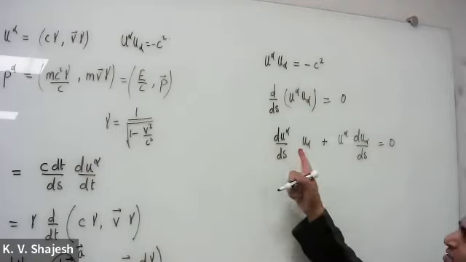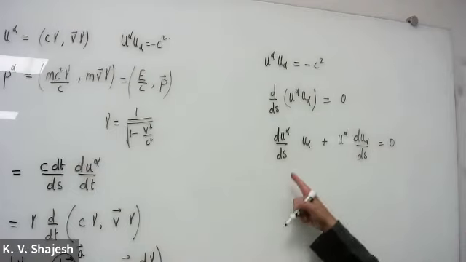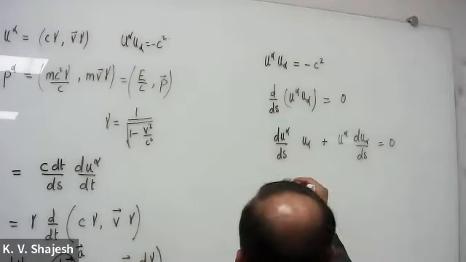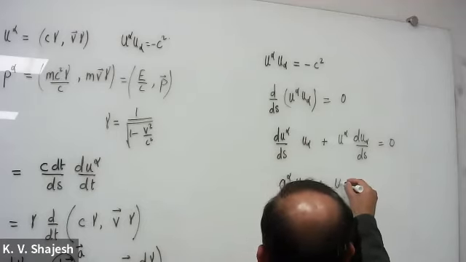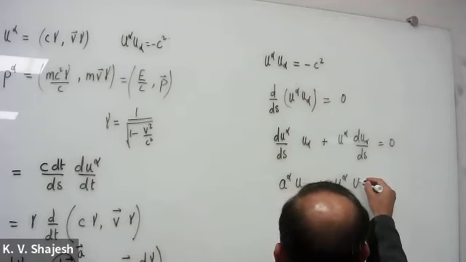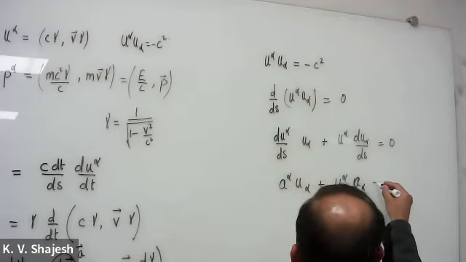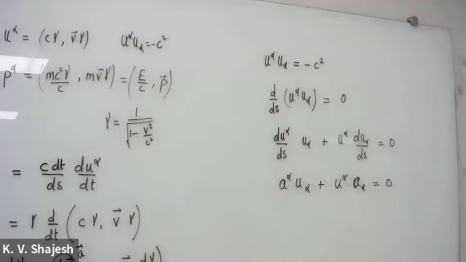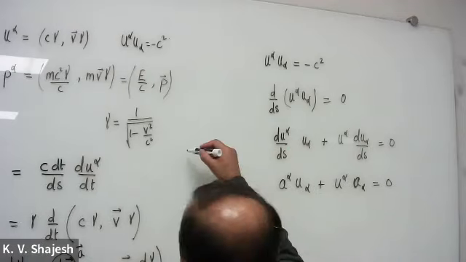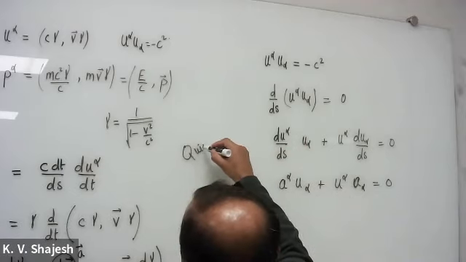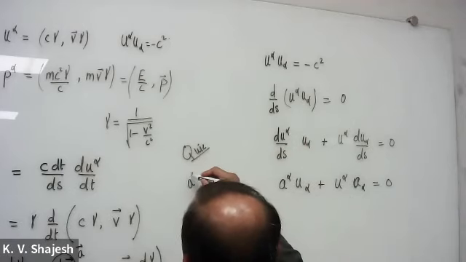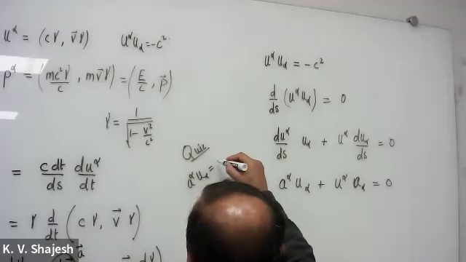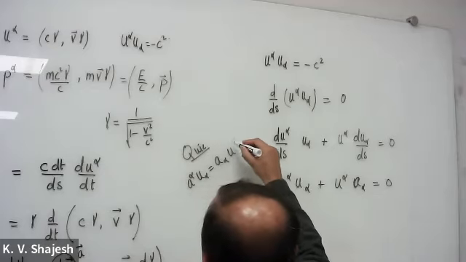If I multiply by the c, then this is nothing but acceleration. This is a alpha u alpha plus u alpha times a alpha. Small quiz. Show that a alpha u alpha is equal to a alpha u alpha.